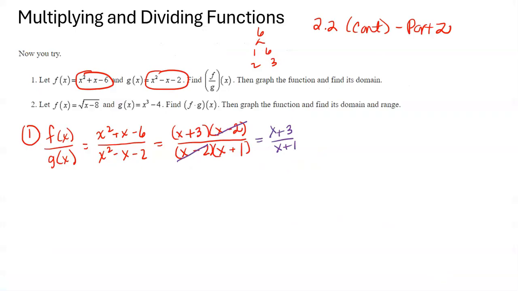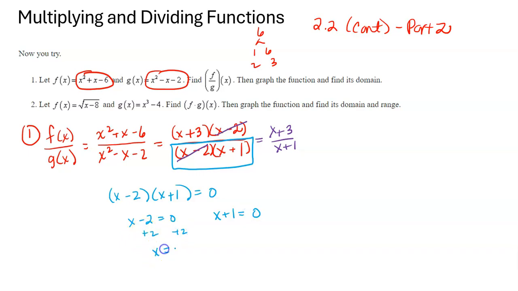Okay, so, however, fun fact, we're going to have to look at this for our domain, okay? So if we set that equal to 0, and we set each part of it equal to 0, so this is x equals 2, and this is x equals -1.